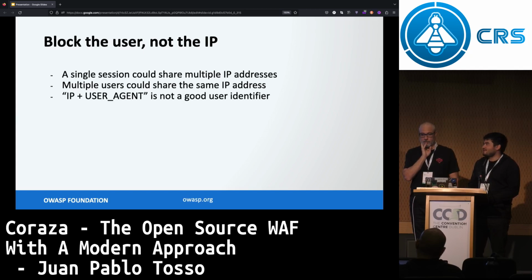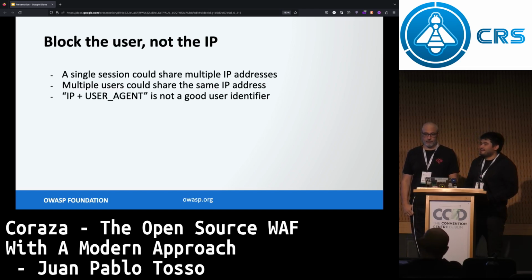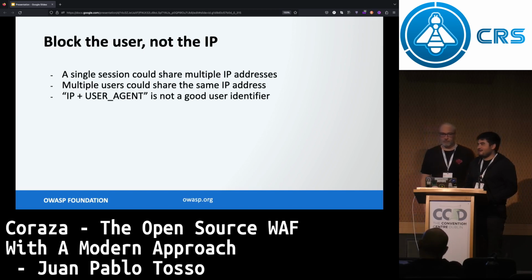A user can randomize their user agent, and if you track by IP, you will also affect other users on the same network. If there's a corporate network with many people sharing the same IP, you will just block them all. That's a paradigm we also have to solve. How do we create persistence around a person, not a building?